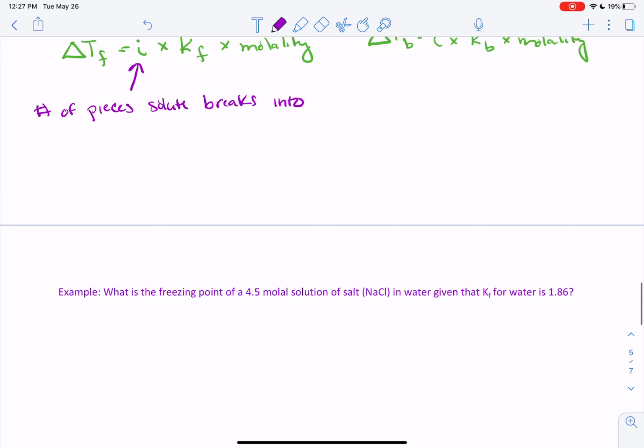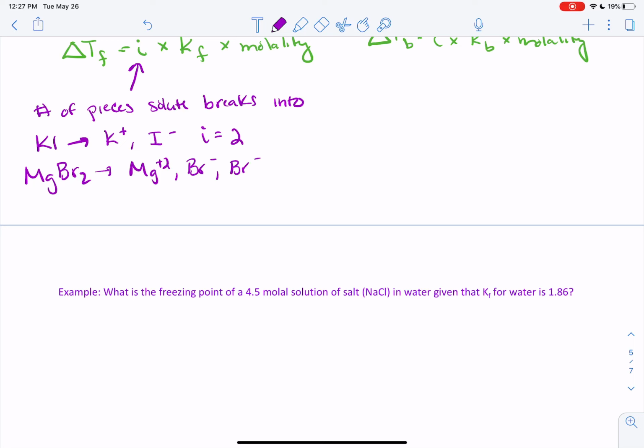So, for example, if you have KI, that breaks into a potassium ion and an iodine ion. So i would be equal to 2. If you have MgBr2, that's going to break into a magnesium ion, a bromine ion, and another bromine ion. So i would be equal to 3.